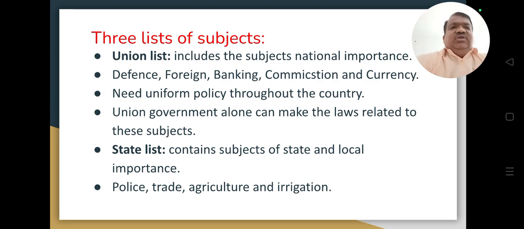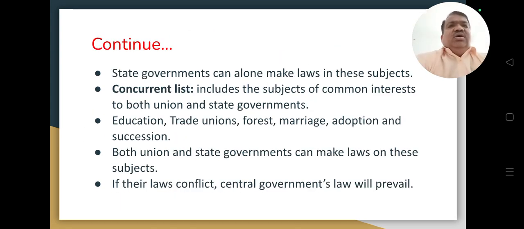The second one is the state list, which contains subjects of state and local importance like police, trade, agriculture, and irrigation. Like this, 66 subjects are there in this list. State governments can make the laws on these subjects, and the central government cannot interfere in these subjects.